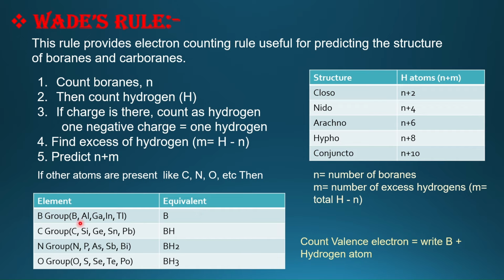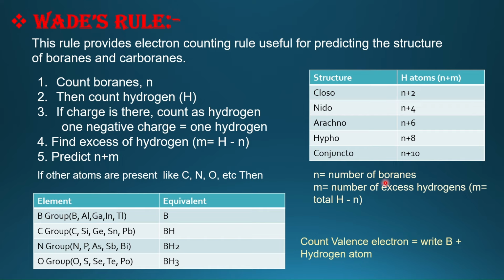The boron group is equivalent to B. The carbon group is equivalent to BH. The nitrogen group is equivalent to BH2. The oxygen group is equivalent to BH3. And the structures: closo is n plus 2, nido n plus 4, etc.